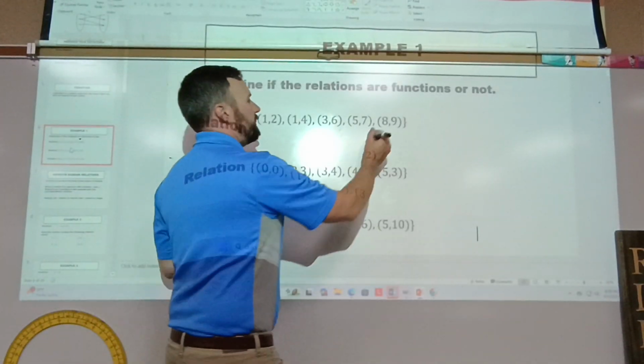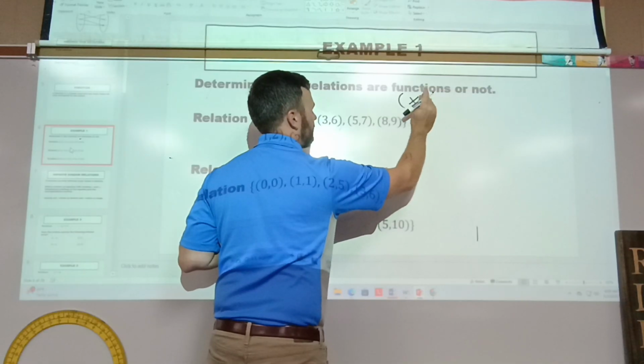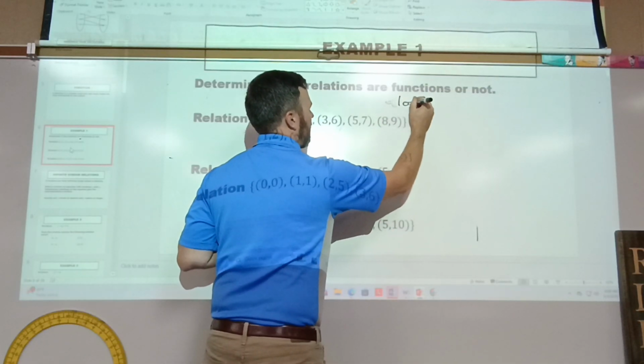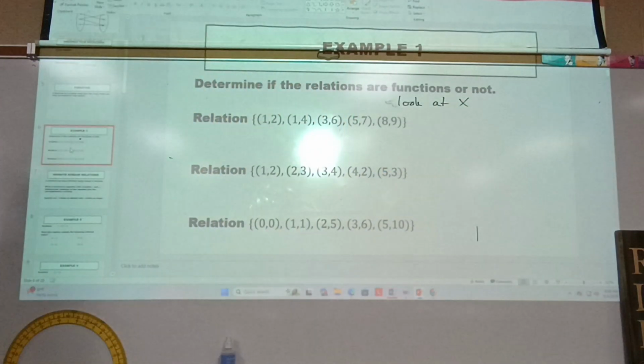All right, let's determine if these are functions or not. When I'm determining if they're functions, the main thing I'm going to look at is my x. The biggest thing is if there are multiple x's that go to different numbers, it's a no. If every x is different, it's an automatic yes.